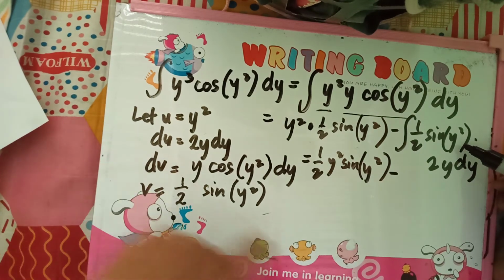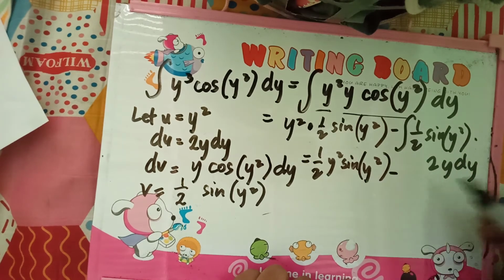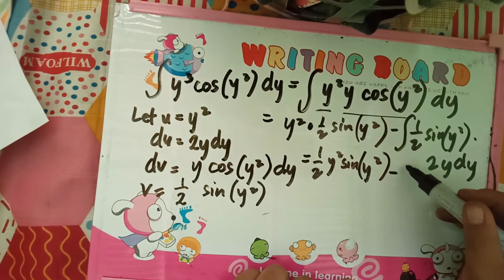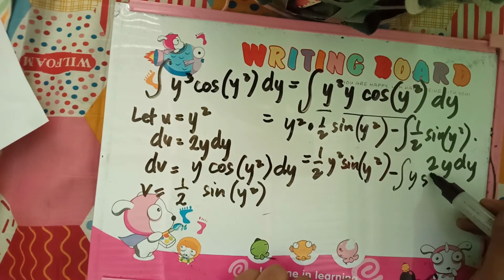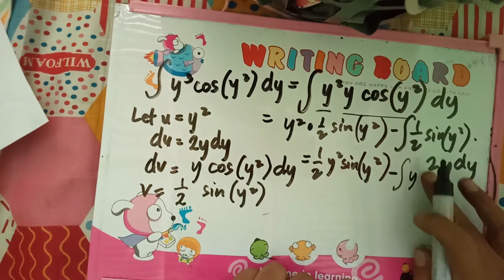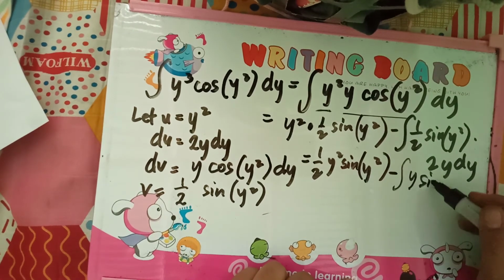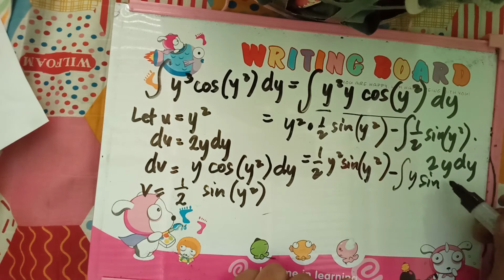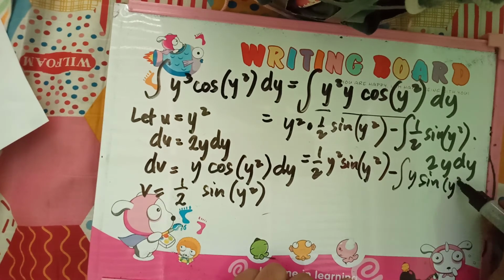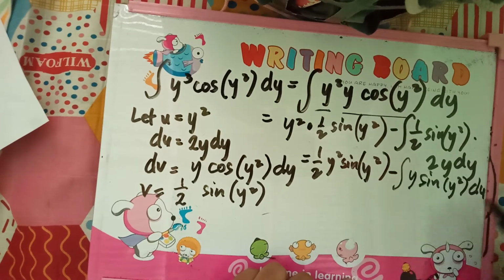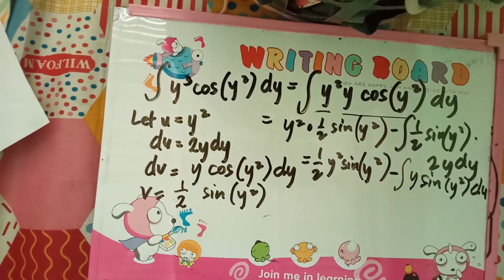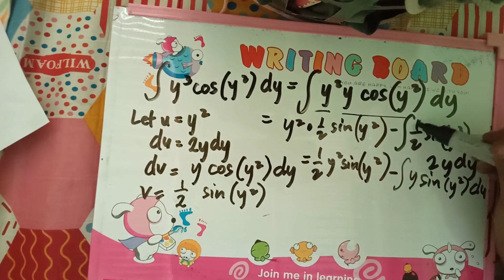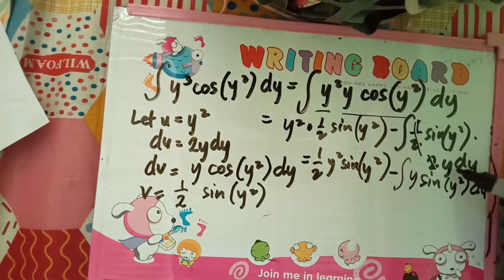And 1/2 y squared sine y squared minus, anong integral ito? Diba? Magiging y. The integral of y sine y squared dy. Kasi ito, 2 tsaka 1/2, mag-cancel out sila. Matitira dito, y dy.